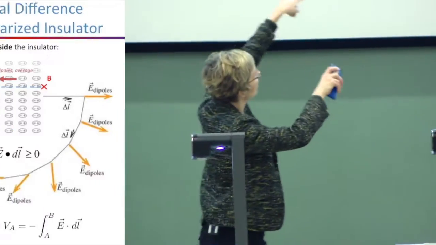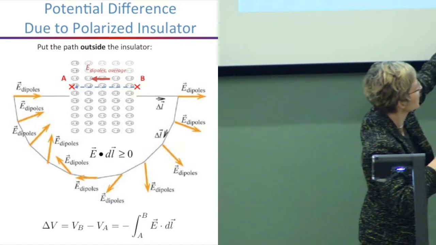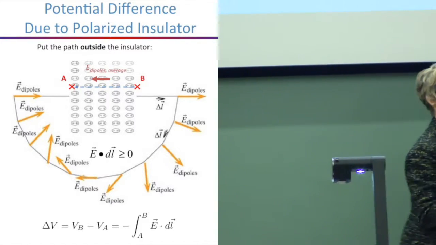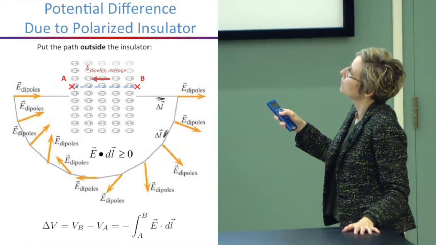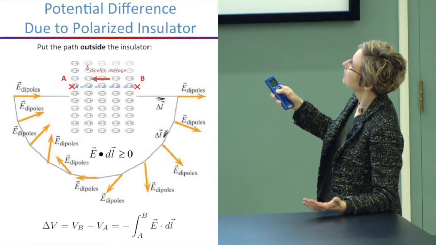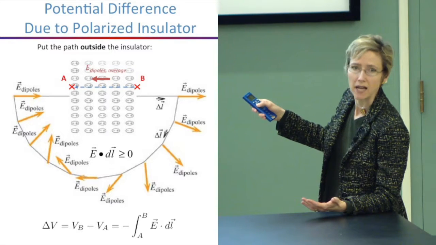Now, if I think in terms of the height analogy, so think in terms of potential is like height, and this electric field is like a gradient going around it, right? So if I know what the electric field is outside, it circles back around. I can take this line integral of E dot dl as I go around the outside. And then I could go from point B, right on the top of the material, take the line integral around the outside and get the voltage difference between A and B.